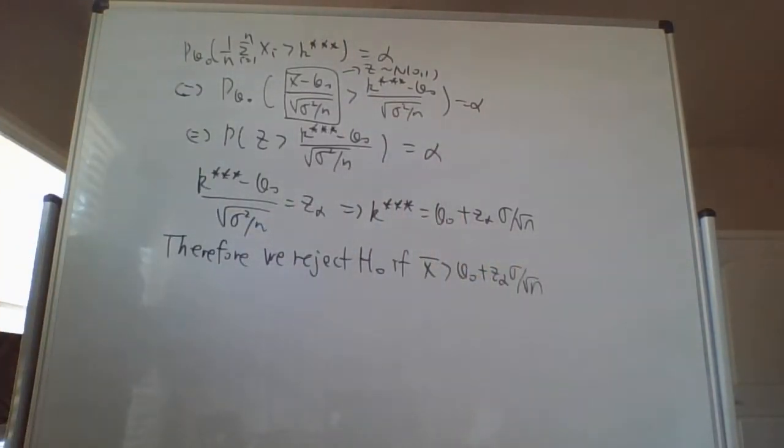We reject H0 if x bar is greater than theta 0 plus z alpha times sigma divided by square root of n, which is the usual one-sided z test.